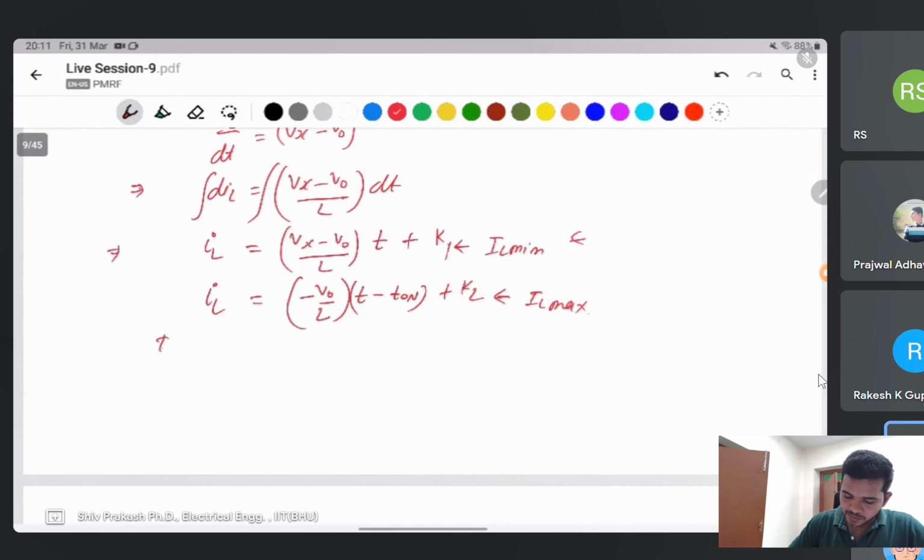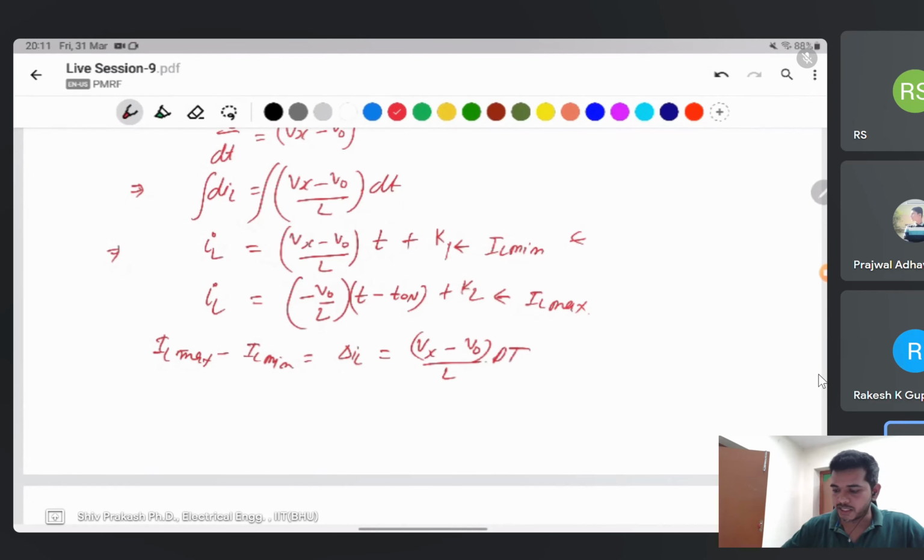And IL maximum minus IL minimum you can take as delta IL, and delta IL will be Vx minus V naught divided by L into dt. Then IL minimum you can write as I naught minus delta IL divided by 2, and I maximum is I naught plus delta IL divided by 2, like that.